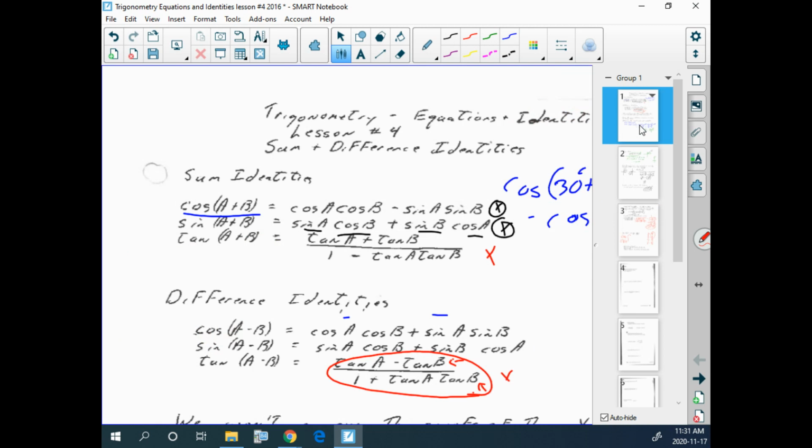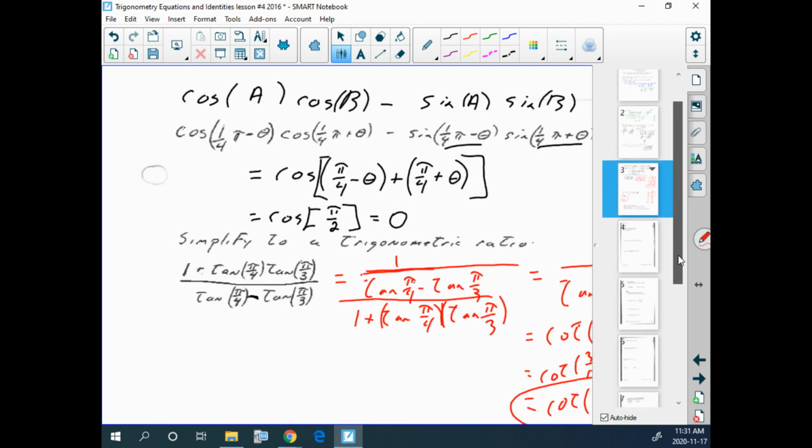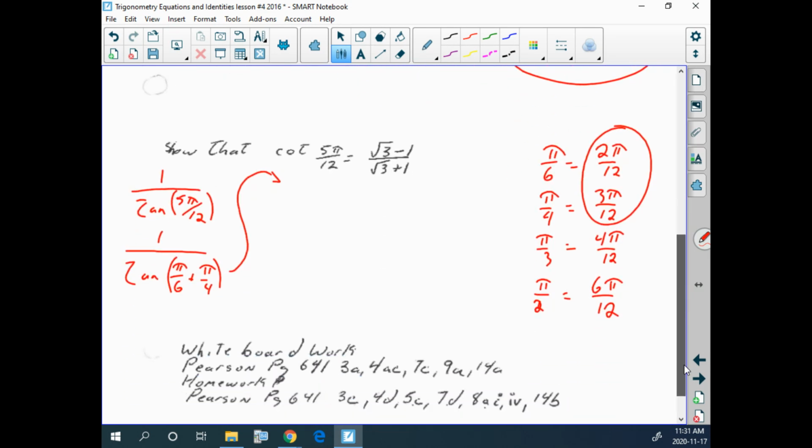So we want tan A plus tan B over 1 minus tan A tan B. So I'm going to substitute A is pi over 6 and B is pi over 4. One over tangent pi over 6 plus tangent pi over 4 over 1 minus tangent pi over 6 tangent pi over 4.